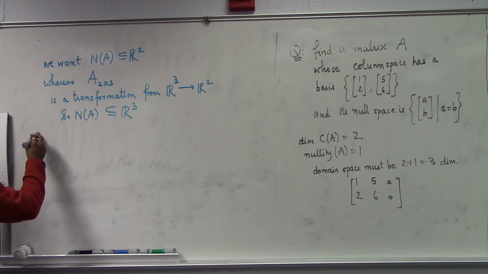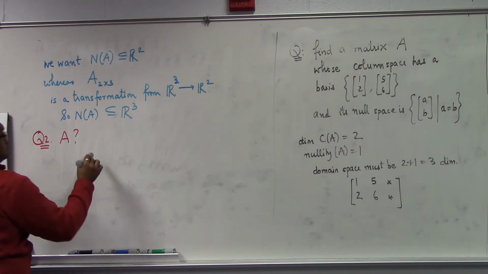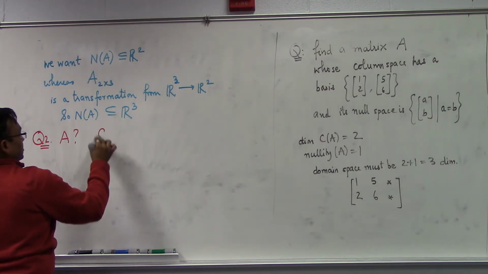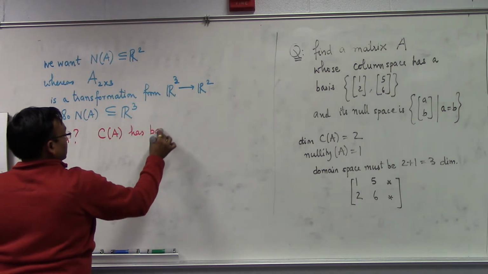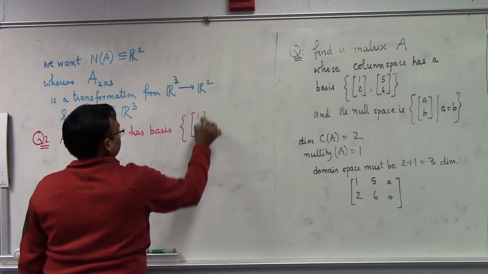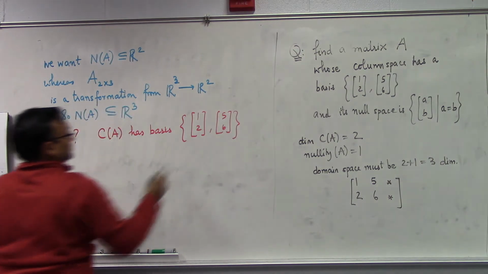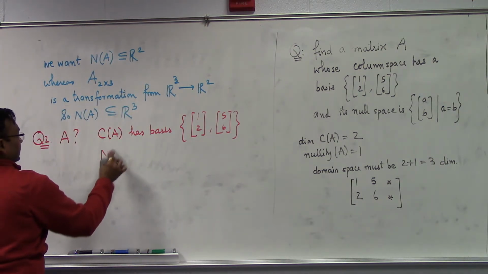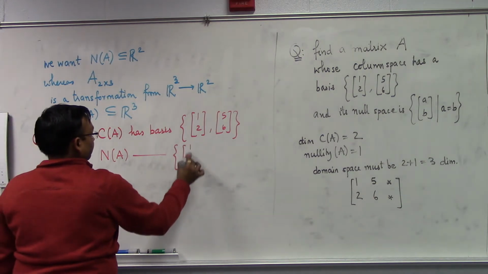What if I had given you something slightly different? Again, find the matrix A such that the column space has the basis as before, (1, 2), (5, 6). But this time I changed my null space requirement, and the null space has basis, say, (1, 1, 1).